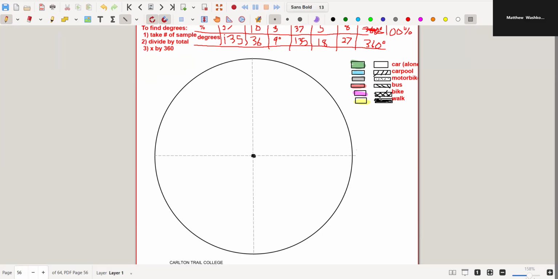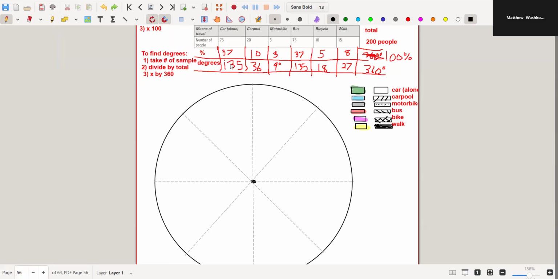Let's split it in half again. Each of these is now 90 degrees. Let's split this in half again. Each of those is now 45 degrees. So each of these sections now is 45 degrees. So I can use that information.